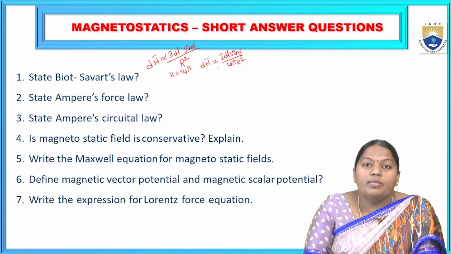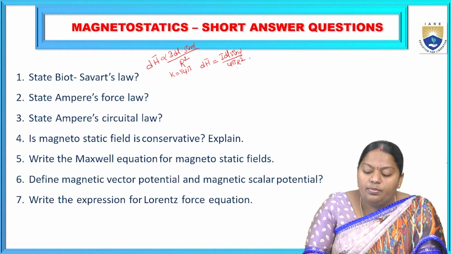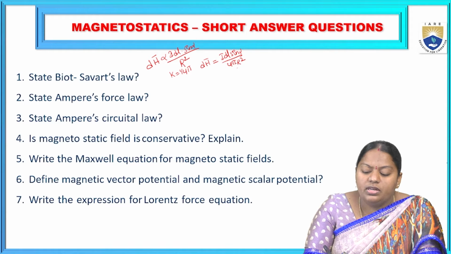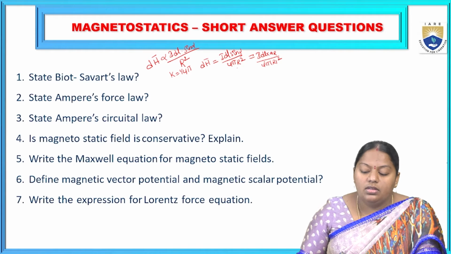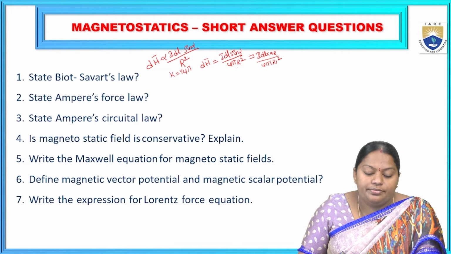Generally, the magnetic field intensity H is expressed in terms of vectors. In order to express this in vector form, we replace sine alpha by the vector form, so it can be given by IDL into AR by 4 pi r square, right? Where AR is the unit vector along the r direction.